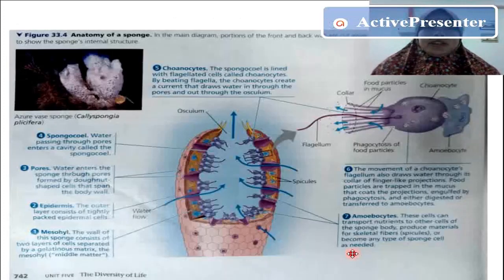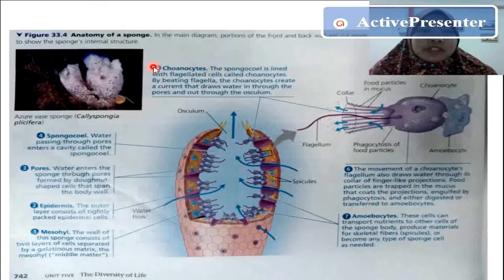So you have this picture in the textbook. This picture shows you the structure of the choanocyte. This is the large picture of the choanocyte.